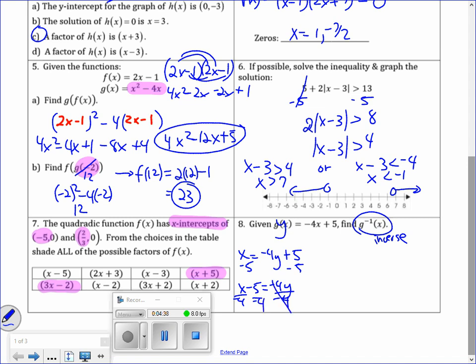So my answer, I get y equals, but I should really put g inverse of x equals, and here's my answer, -1/4 x. And the next part is -5 over -4, so plus 5/4. That would be my answer.